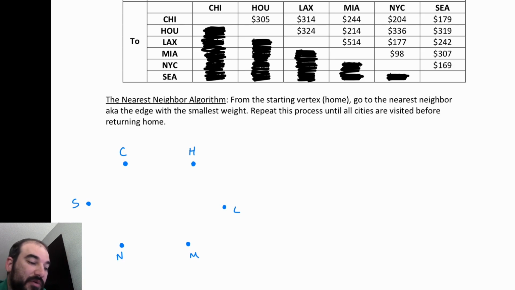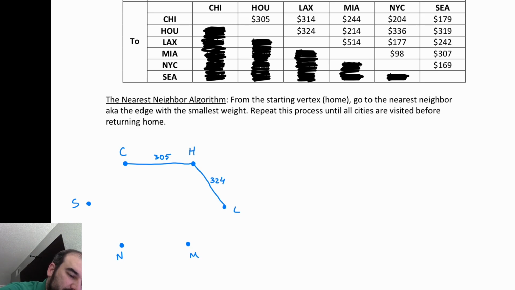And as we're drawing edges, we'll put the numbers on them so that we're not getting confused. A flight between Chicago and Houston will be 305. A flight between Houston and LAX will be 324. I guess we should just go along these numbers. So we did this number. Let's keep track of this. We did this number. We did this number. This number represents LAX to Chicago. So we'll draw LA to Chicago as a flight, and that'll be 314.